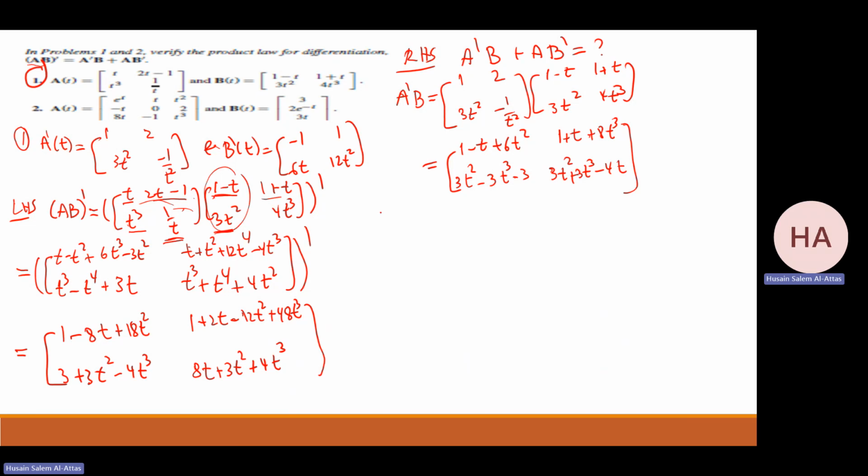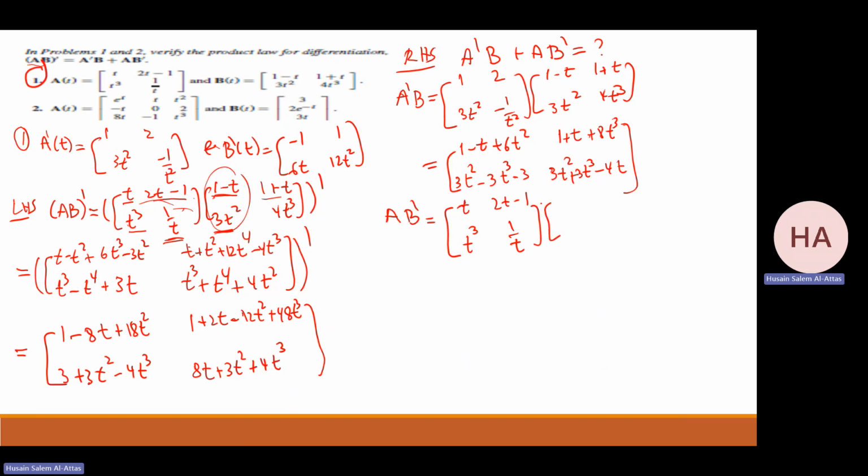Now let me do A prime. That will be what? A, what is A? t, 2t minus 1, t cubed, 1 over t. This is A, times B prime.